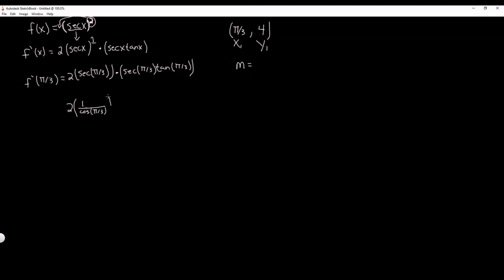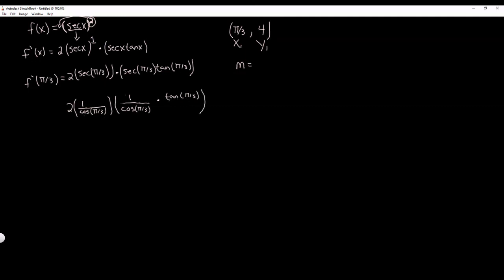And then we're going to multiply this by 1 over cosine of pi thirds times the tangent, and we'll just keep tangent the same, tangent of pi thirds. You could rewrite tangent as sine over cosine, but it's just easier to do it like this.